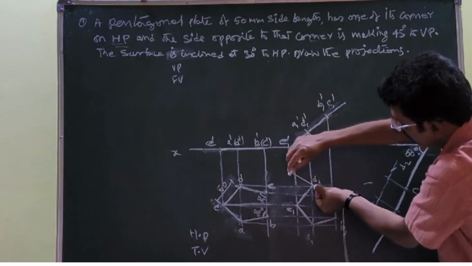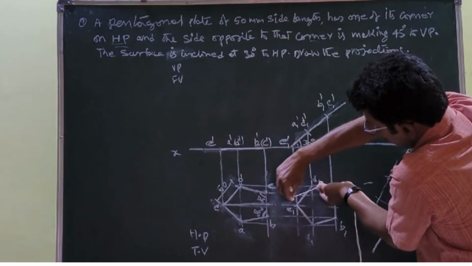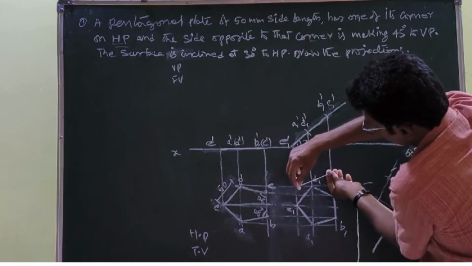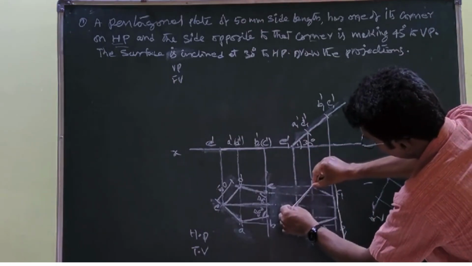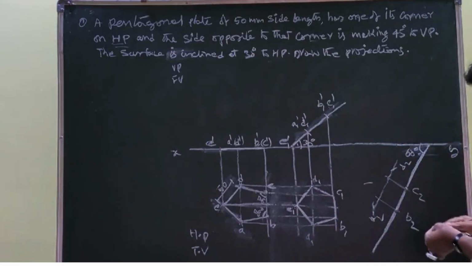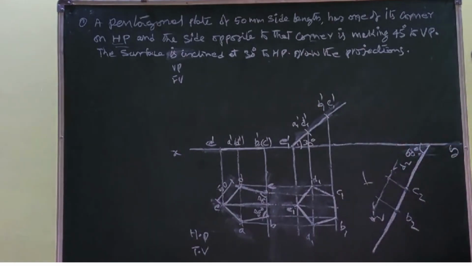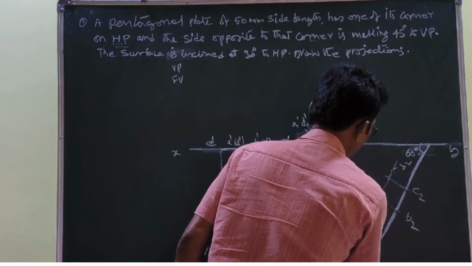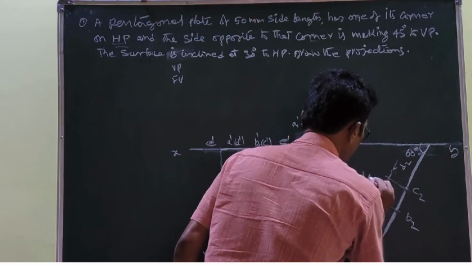Here also D1 E1 as a distance, D2 as a center, you cut it here. Okay, obviously it is coming over here. You join these lines.